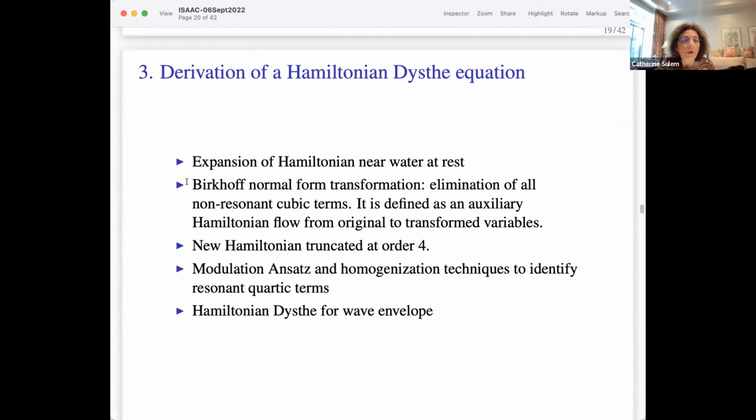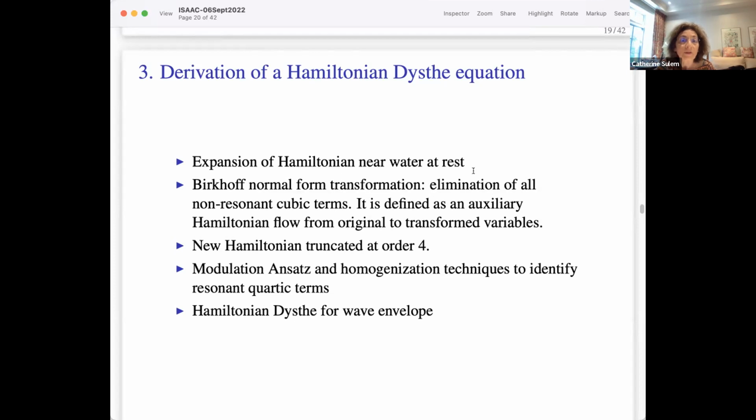The tool is the Birkhoff normal form transformation, whose goal is to eliminate non-resonant cubic terms, and this transformation is defined as an auxiliary Hamiltonian flow from the original variable to a new variable.